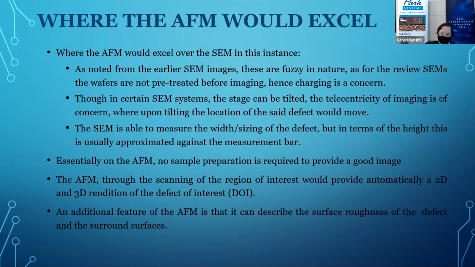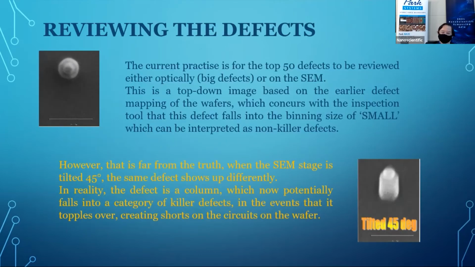Secondly, with the SEM, yes, dimensionally in the 2D, you can see X and Y. But in terms of height, the shape, the profile, the roughness, it is not the strength of the SEM. Secondly, if you look at these images, they're quite fluffy, they're quite blurred.